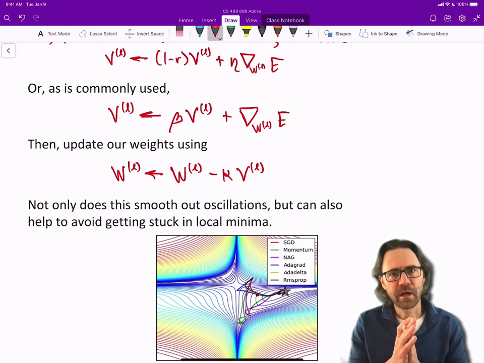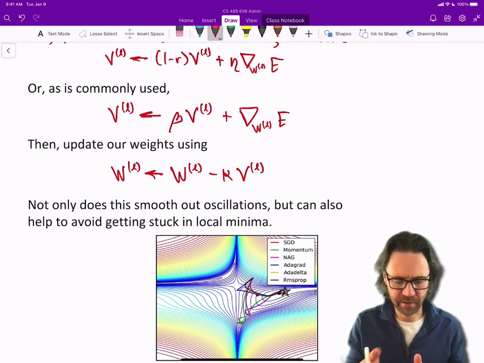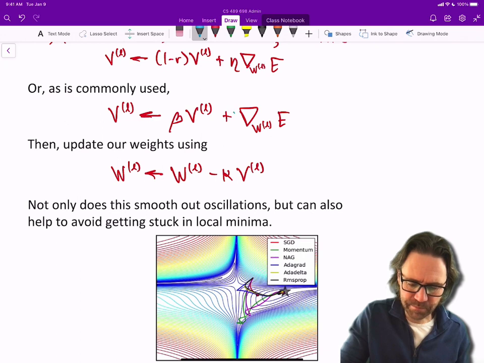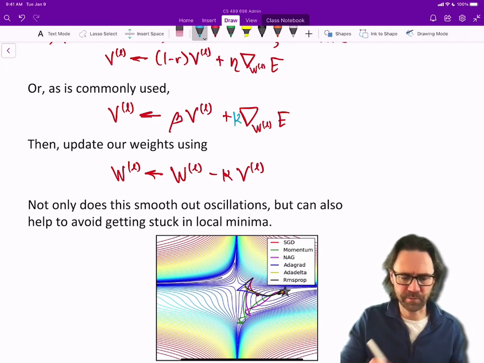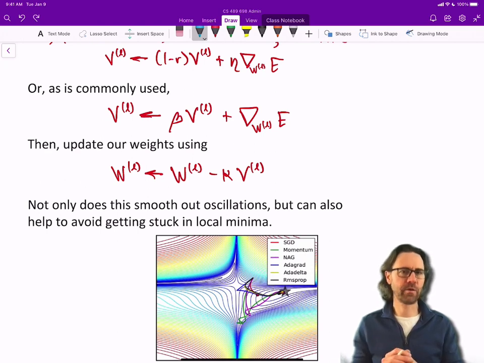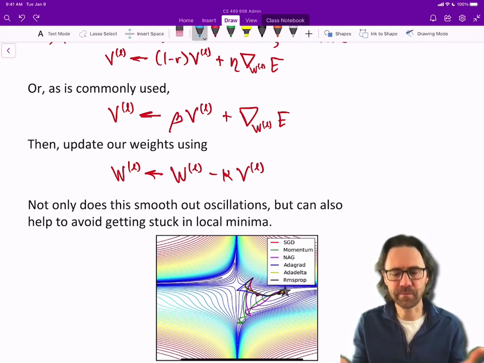Okay. So you might sometimes see it parameterized a bit differently. I put the learning rate kappa in the weight update equation. Sometimes the kappa or an equivalent parameter is put up there, but I'm not going to do it that way. Why? Because when I look at PyTorch and the way they have implemented momentum, it's more like this.